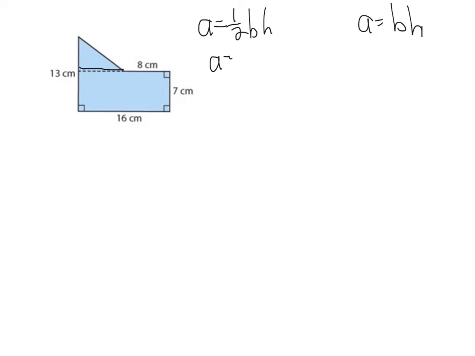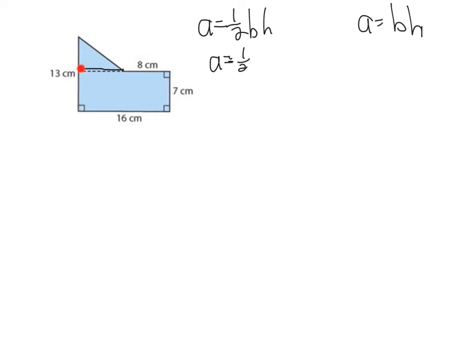Area equals 1/2 the base. But I don't have a base there, and I don't have a height on my triangle. What am I going to do? I have to use these other numbers to figure out what I know. I know the length of this whole side here is 13 centimeters, and from here to here is 7.